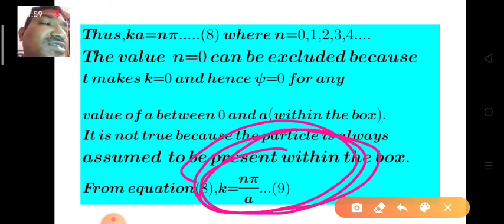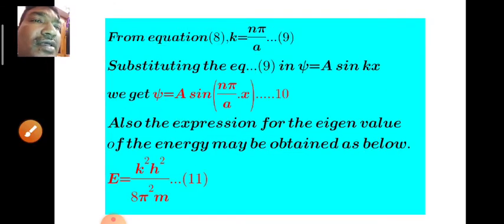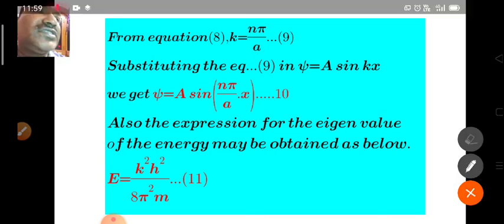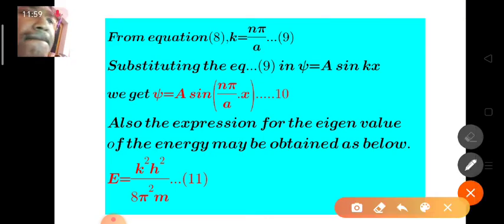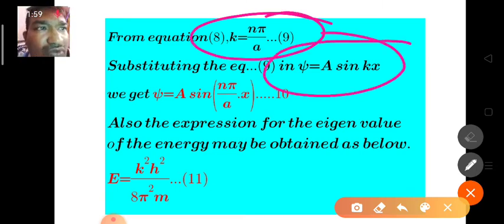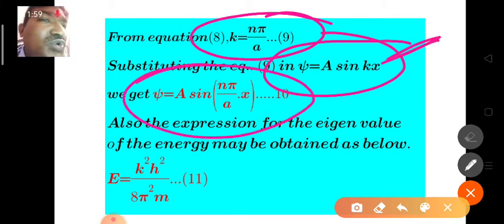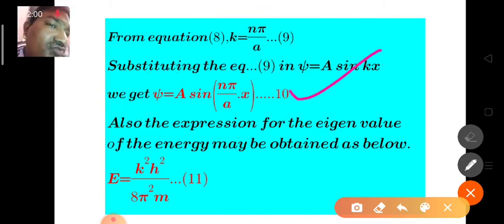Now we have to substitute equation 9 in psi is equal to a sin kx, which is the 7th equation somewhat changed, so we consider it as equation 8. Applying k is equal to n pi upon a in psi is equal to a sin kx, the equation becomes psi is equal to a sin (n pi upon a) x. We consider it as equation 10.